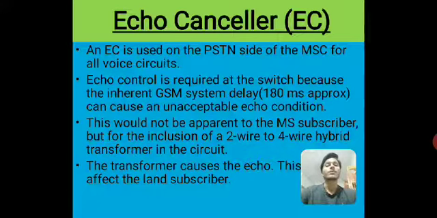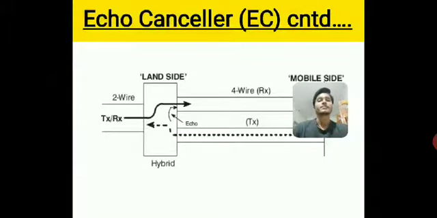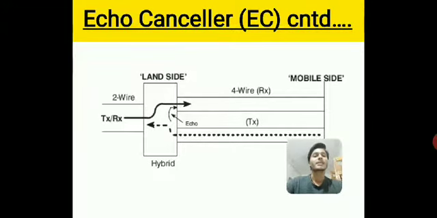This would not be apparent to the MS subscriber, but for the inclusion of a 2-wire to 4-wire hybrid transformer in the circuit; the transformer causes the echo. This does not affect the land subscriber. This diagram shows the echo canceller, land side and mobile side.